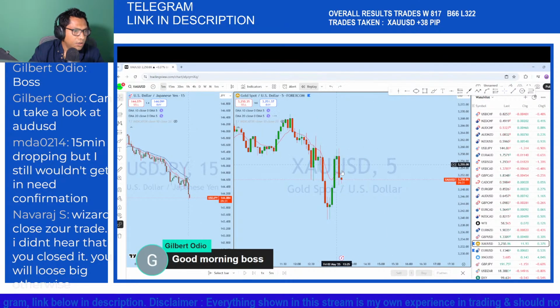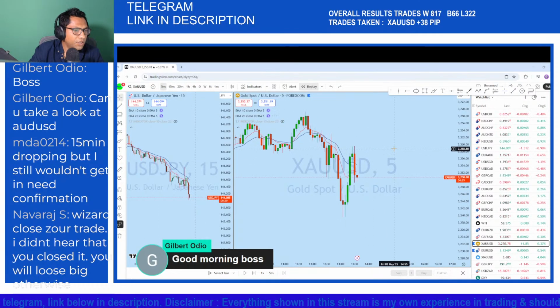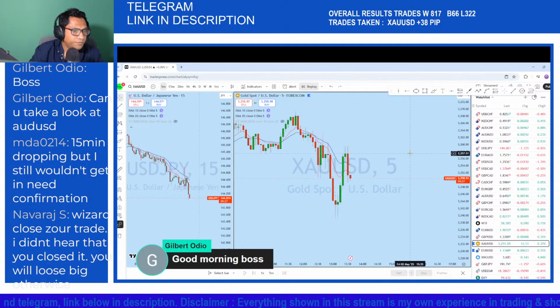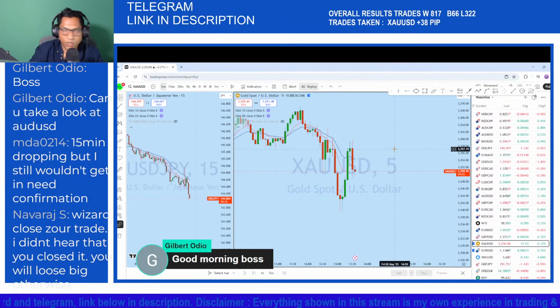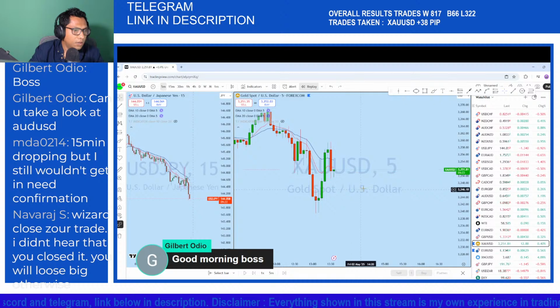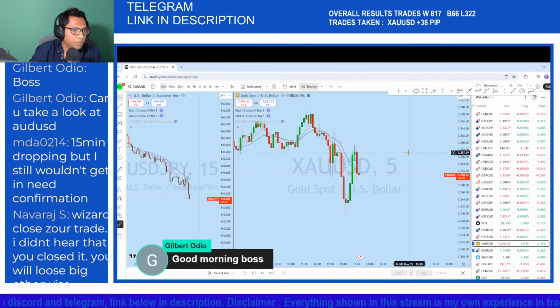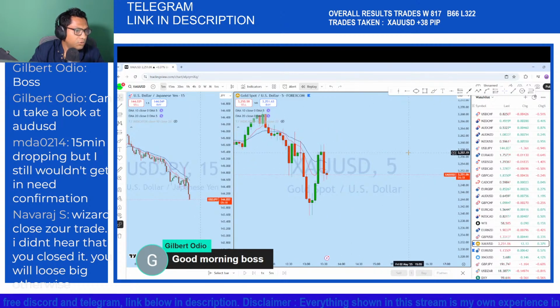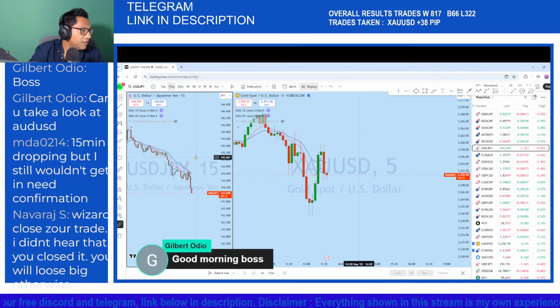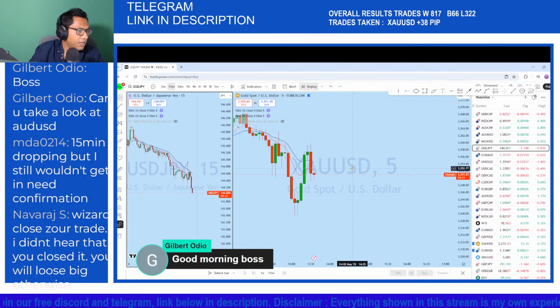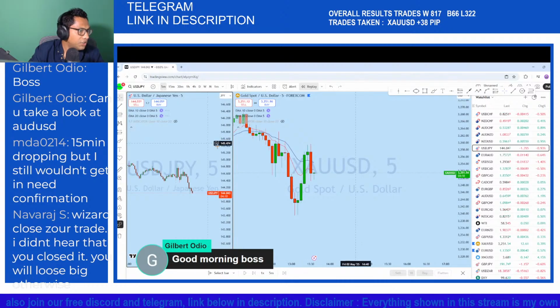This is a 5-minute bearish engulfing formation, which is showing a possible downtrend. We see that dollar yen had a bearish move. We might be able to find a trade on dollar yen as well.